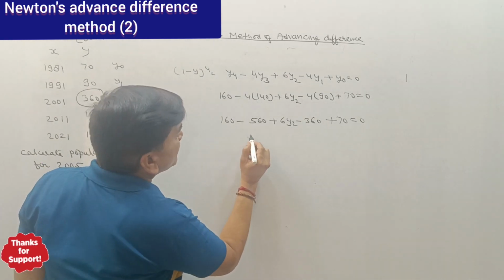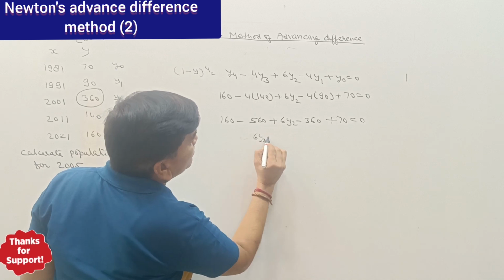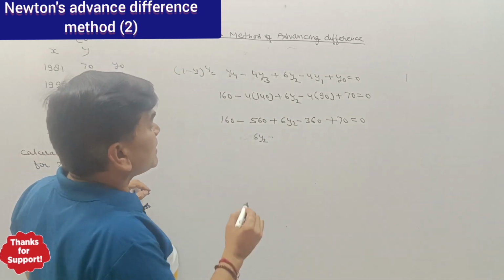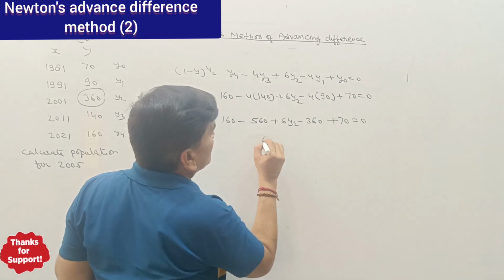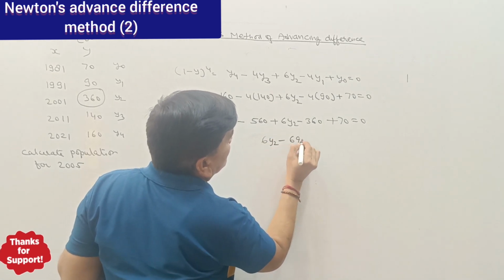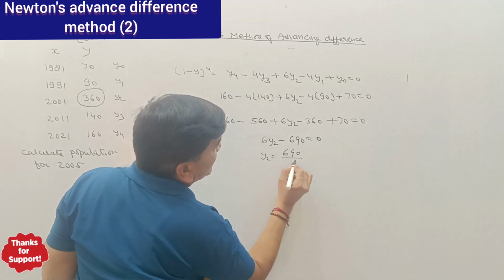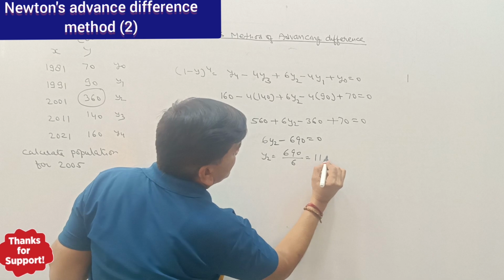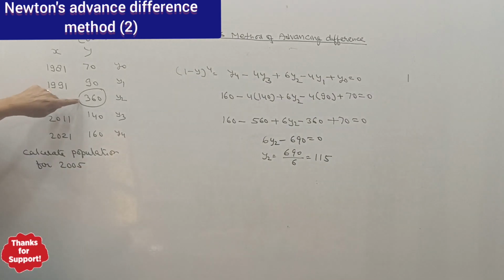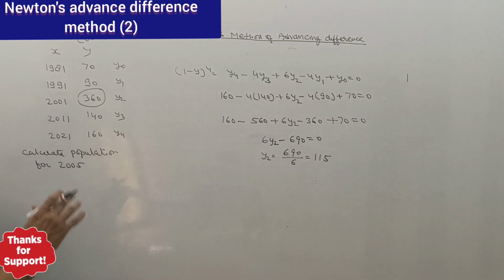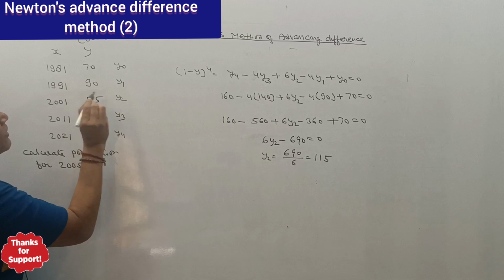So 6y2 minus 690 is equal to 0. So the y2 value is 690 divided by 6, which is 115. So we have found that the given value is wrong. The actual value is 115.